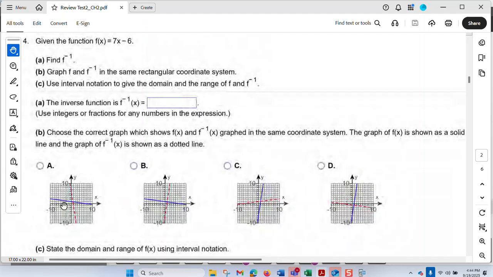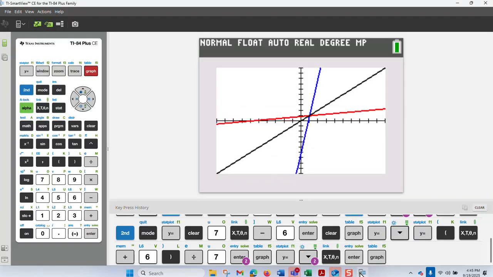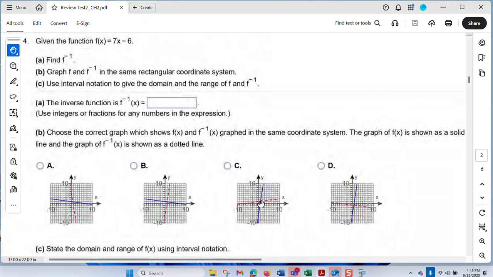So the first one right here, you need to find the inverse function, and the second one, you want to choose the correct graph. All right, so let's see which graph will match. The original one is the blue one, right? So the blue one and this one right here. So this looks like the right one. The rest looks wrong that way. Okay, that's the correct one in this case.